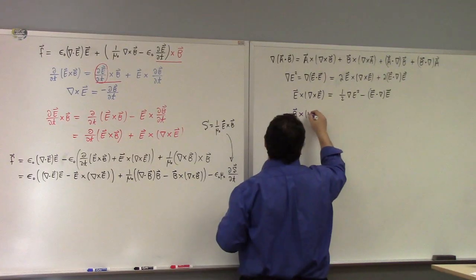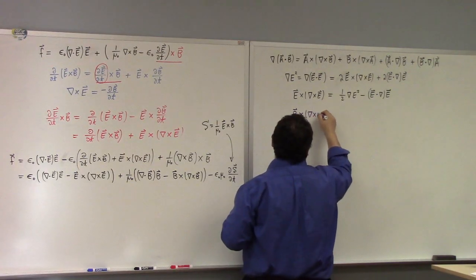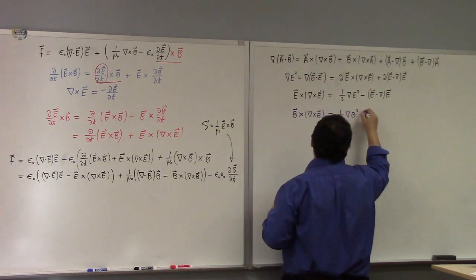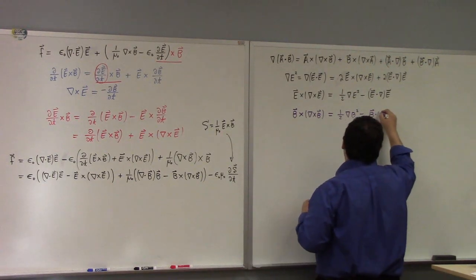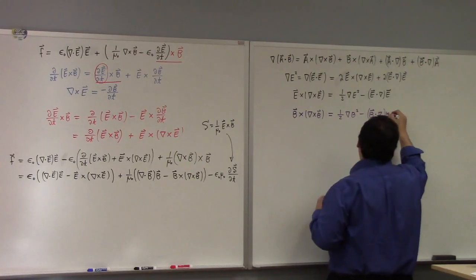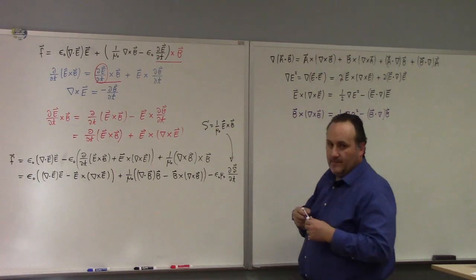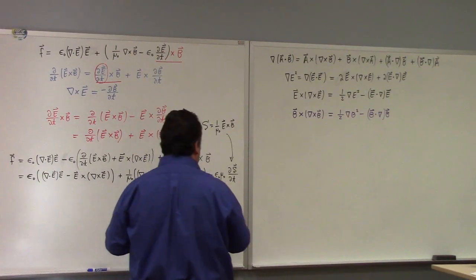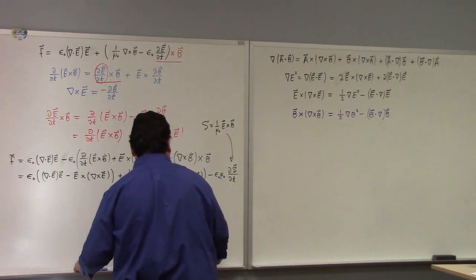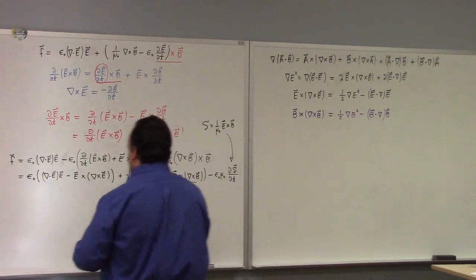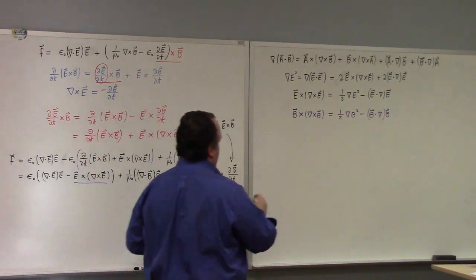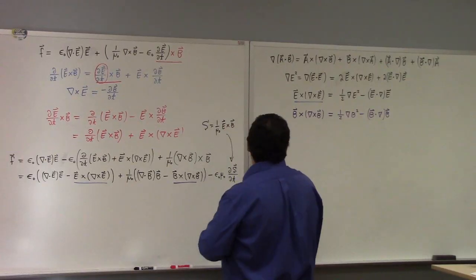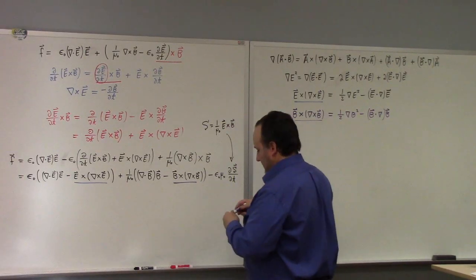B cross the curl of B is 1/2 nabla B squared minus B dot nabla times B, right? So we can replace this guy, and we can replace this guy with this guy, appropriately.